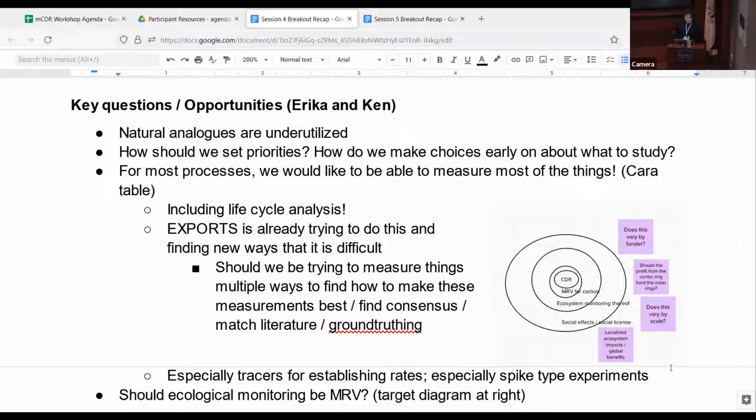And by doing this, then we can find how to make these measurements best, and we can compare them with each other and ground truth these measurements, find consensus and match with the literature. And also another aspect would be to include life cycle analysis, not only of the embodied CO2 emission of the CDR technology, but also of the MRV that we are doing. And I'll turn it over to Ken to discuss the last point. Thank you.